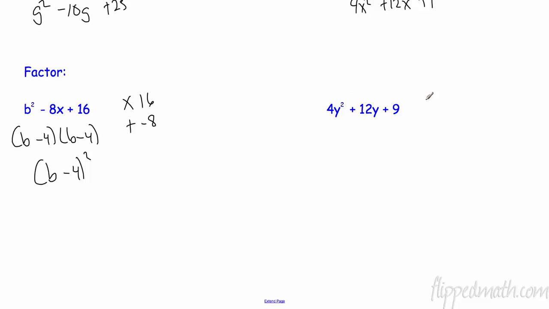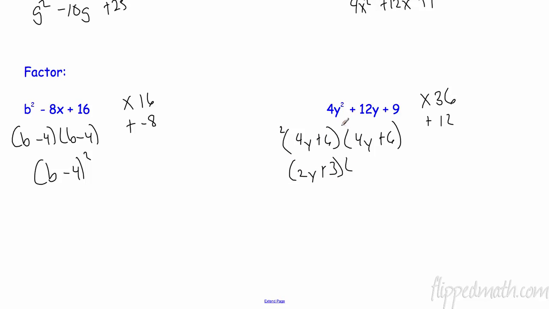Over here, 4 times 9 is 36, and we want to add it up to positive 12. Again, that's 6, so 4y plus 6 times 4y plus 6. We're taking out a common factor of 2 here, so it's going to be 2y plus 3 times 2y plus 3, and again, that's good, but I need to understand that that is 2y plus 3 squared.